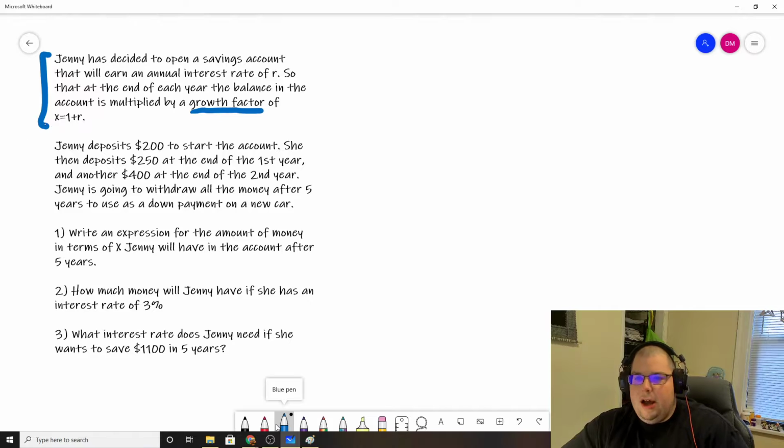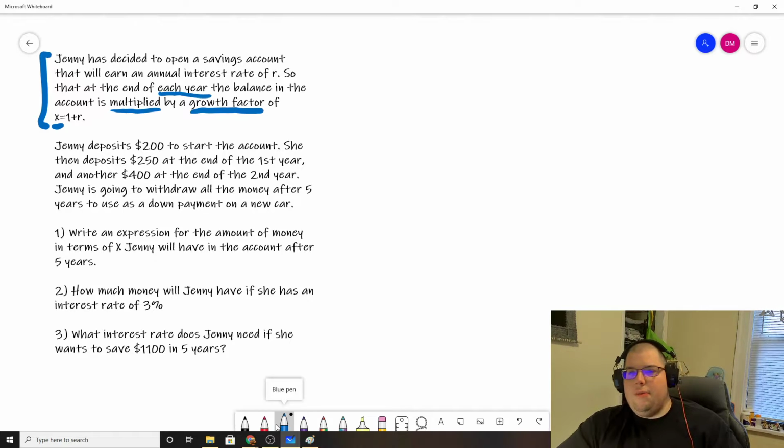factor. And this little X means that each year, so it even says here, each year we're multiplied by the growth factor X. So that means that each year the money is in the account, we're going to multiply by another X. And this statement is going to help us build the actual expression for number 1.